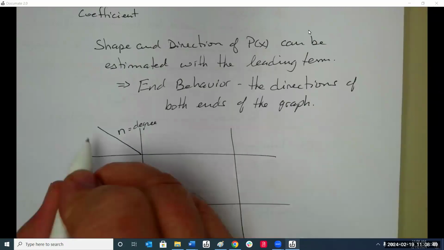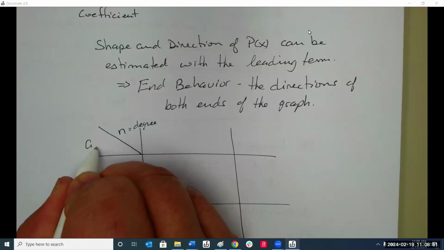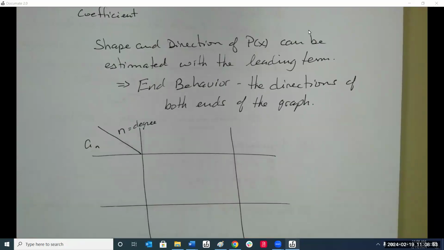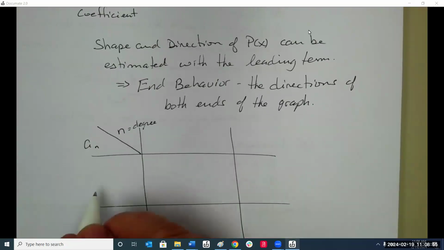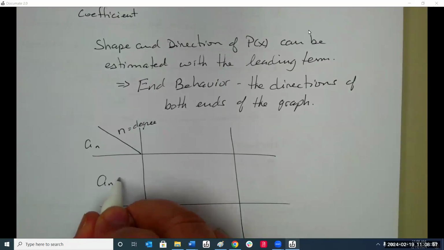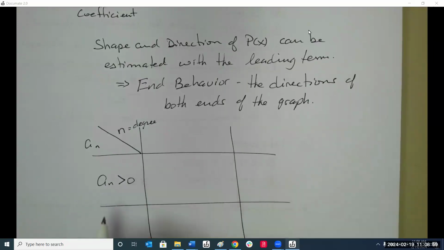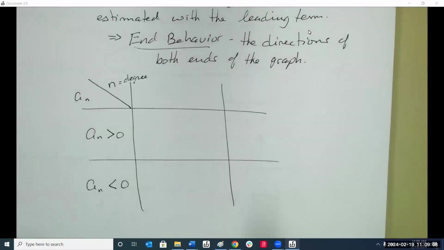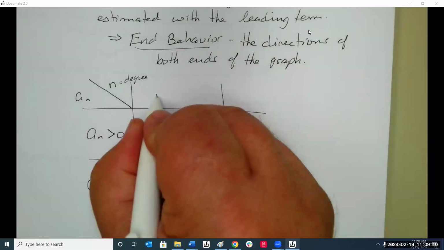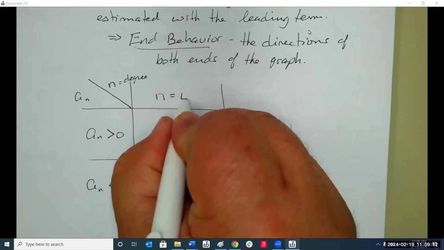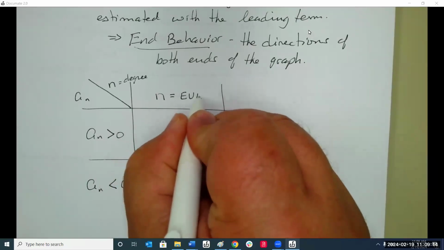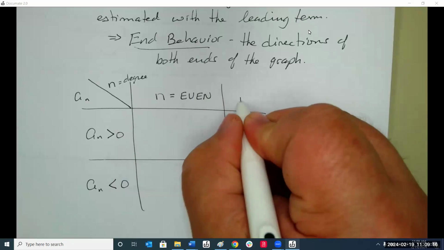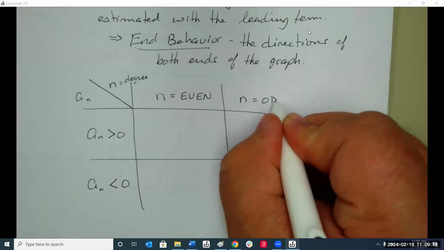These will be the degrees, and these will be the leading coefficients. If the leading coefficient is positive or if it's negative. If the degree is even versus if it's odd.